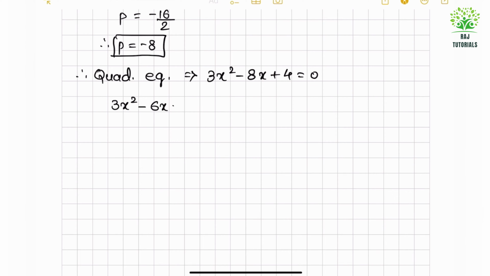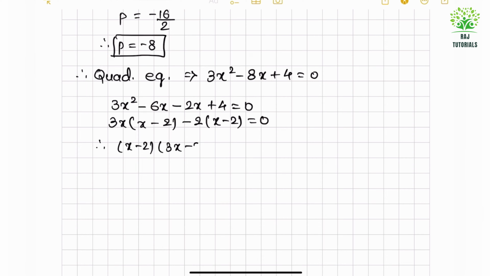So I will have 3x square minus 6x minus 2x plus 4 equal to 0. From the first two I am taking 3x common, so x minus 2. From the next two, minus 2, so x minus 2 equal to 0. So therefore I can say x minus 2 into 3x minus 2 equal to 0. So therefore x will be 2 or x will be equal to 2 by 3.